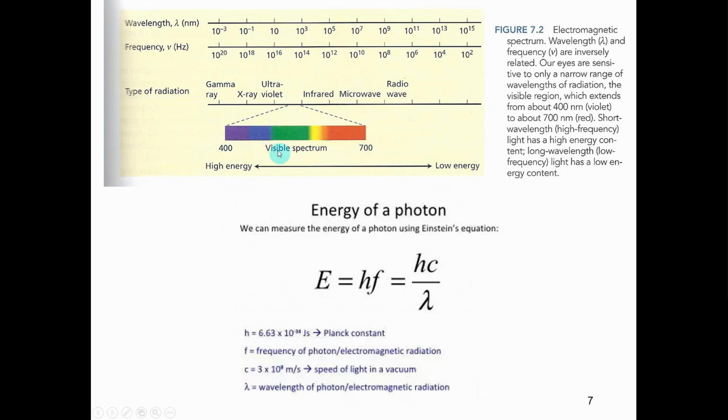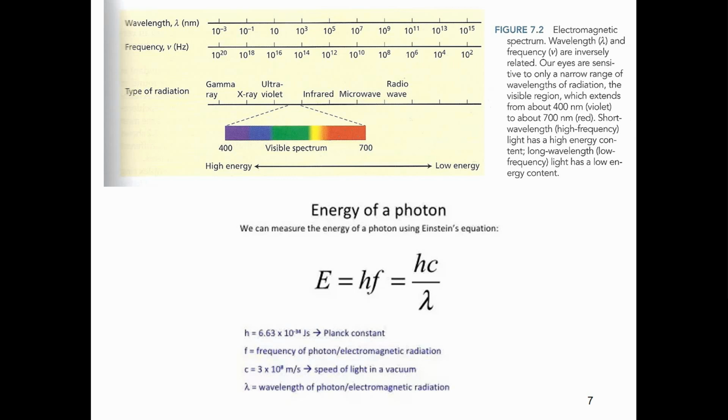This is the visible spectrum. Now, this is what we can see. Plants are getting exposed to much more than that, but between 400 and 700 tends to be what a plant can actually utilize, and that's the visible region.